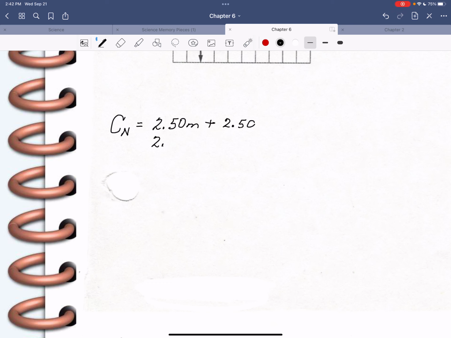And we need to travel 15 miles. So I have $2.50 times 15, and that is $37.50. Then add the $2.50 to that. So this taxi ride in New York will cost you $40.